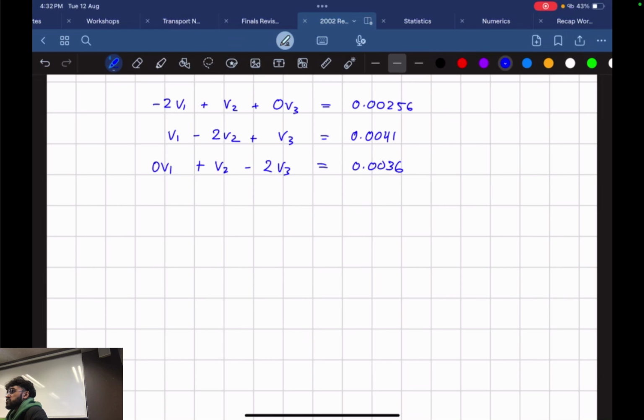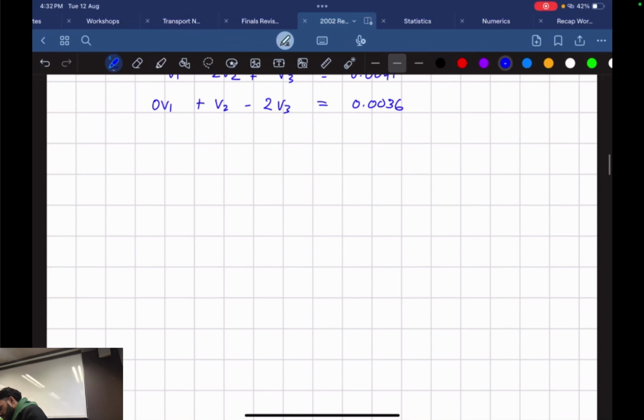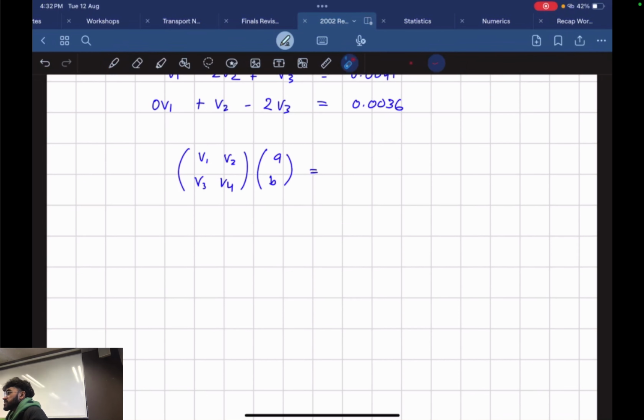So when you do matrix multiplication, a matrix multiplied by a vector, this is what happens. The way we multiply these matrices together is by using dot product.